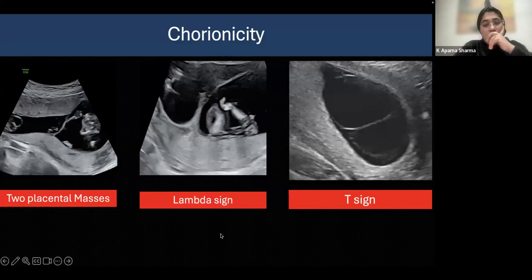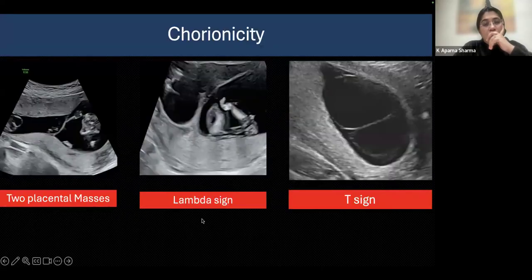And how do we diagnose it? We diagnose it during the early scan. Diagnosing chorionicity is easy; we just see the number of sacs. And if we want to diagnose amnionicity, then we follow the black lambda and white lambda sign. We do not follow the T sign and the lambda sign, because you do not get a T sign in the first trimester, especially with these newer machines.